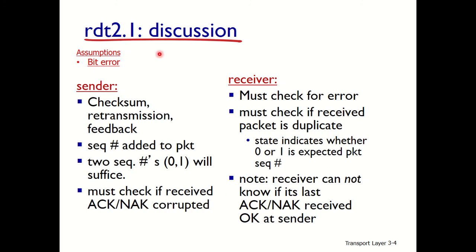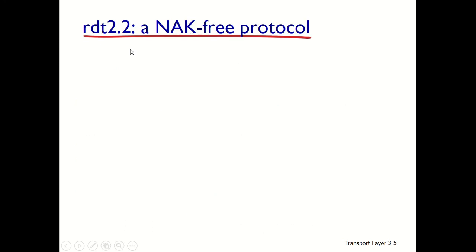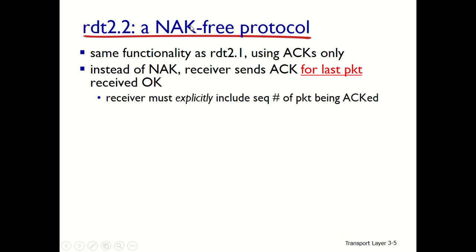Okay, so we have already discussed this RDT 2.1 protocol. Now we are going to design and discuss another protocol that is called RDT 2.2. This protocol is a negative acknowledgement free protocol. What does it mean?